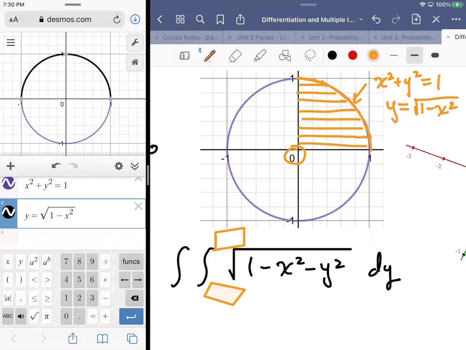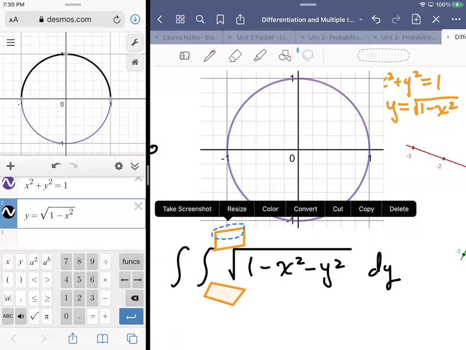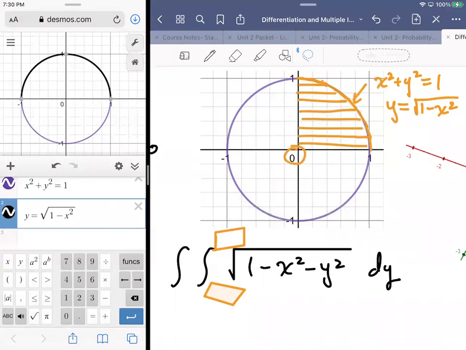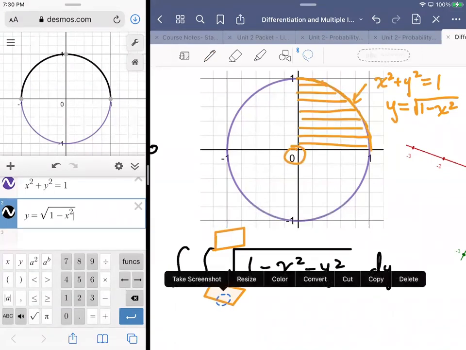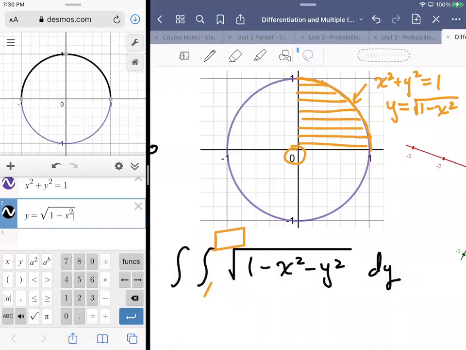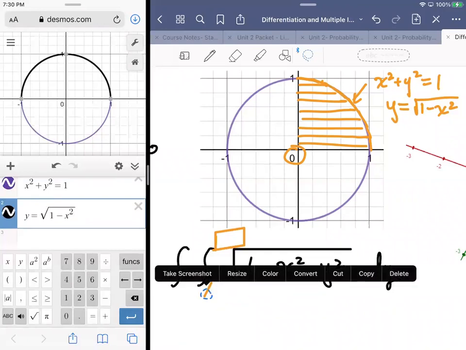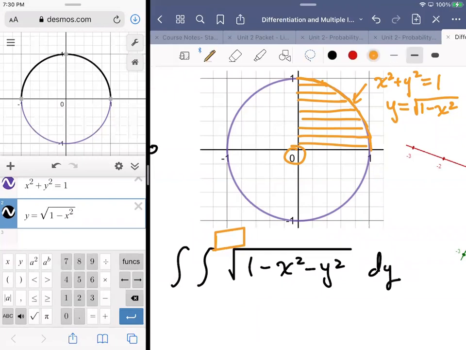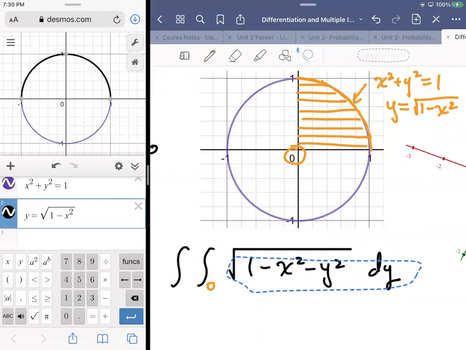Now I would restrict that, which I'll get to in a second. So I want my y values to go from 0 to the square root of 1 minus x squared.